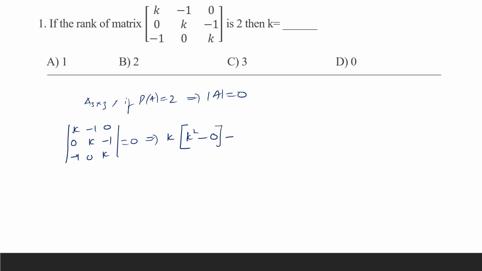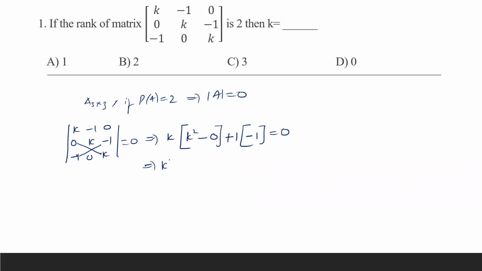Then minus, the second element is minus 1, so you'll get plus 1 into, leaving the first row and second column, 0 into K minus 1 into minus 1. That's how you'll get minus 1 here. The third element is 0, so I'm not writing the next term.